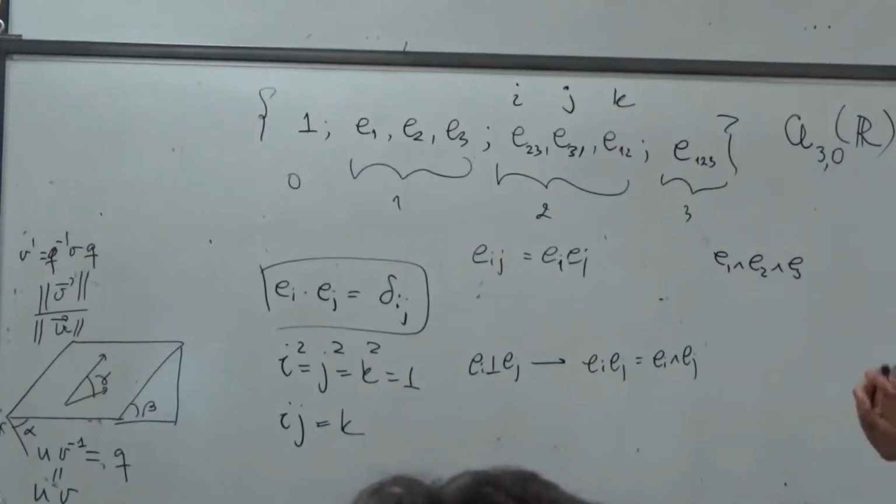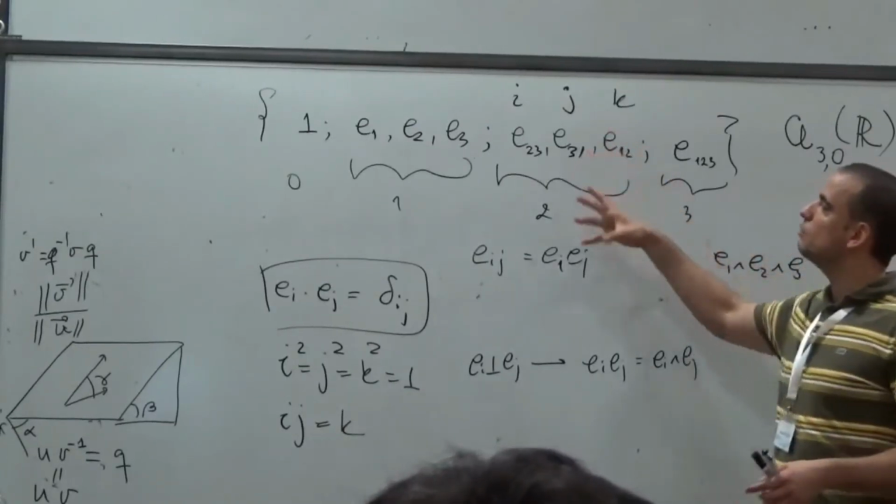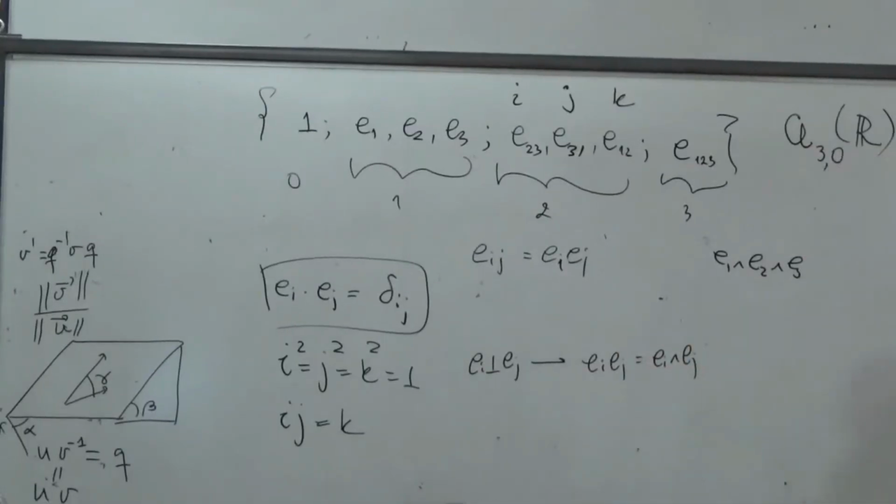This is the same object, but it depends on the perspective from which you look at it. If you look from the three-dimensional perspective, you have to be careful. If you want to look from the two-dimensional perspective, so forget that there is a three-dimensional space. You can think that we only have two-dimensional space, but the squares of vectors are negative.